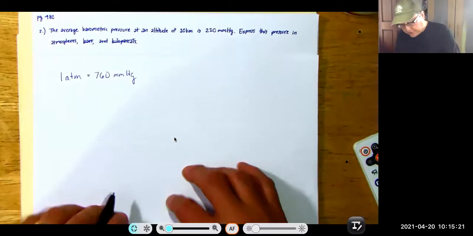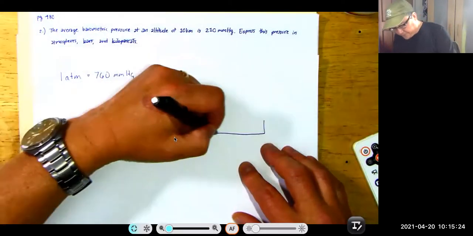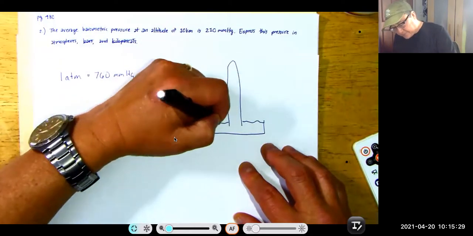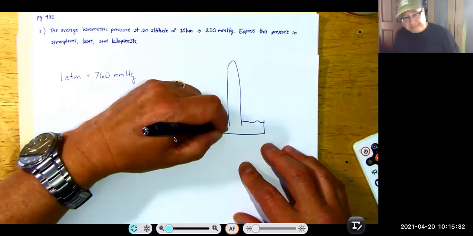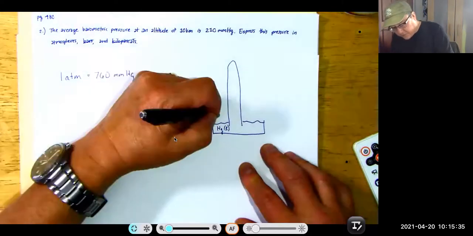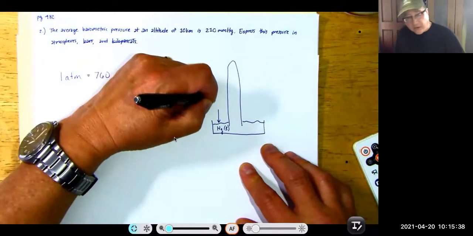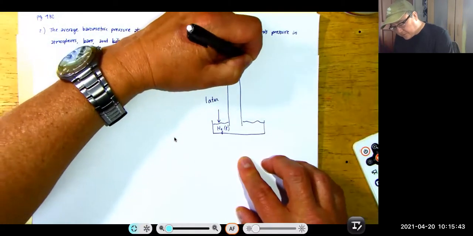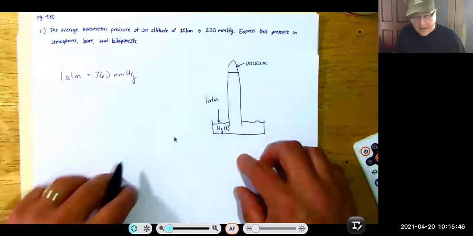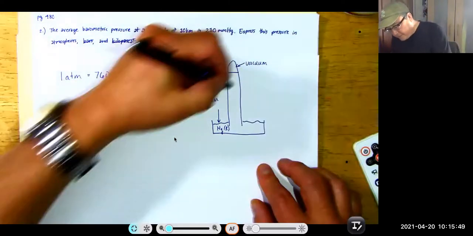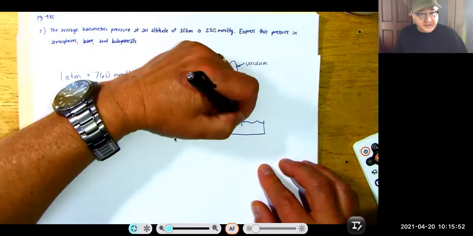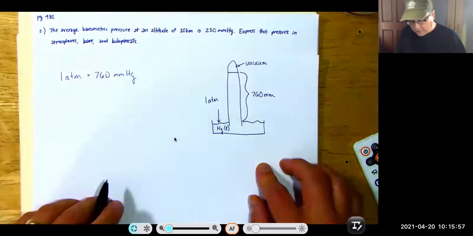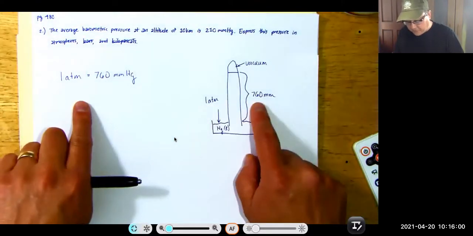The origin of this conversion is that if you have a container with mercury, which is a liquid, and a tube, and you have 1 atmosphere pressure pushing down on that liquid, regardless of the size of the tube, if there is a vacuum in the tube, that is to say there's no air in the tube, the mercury will have a height of 760 millimeters. So hence, 1 atmosphere is 760 millimeters of mercury.